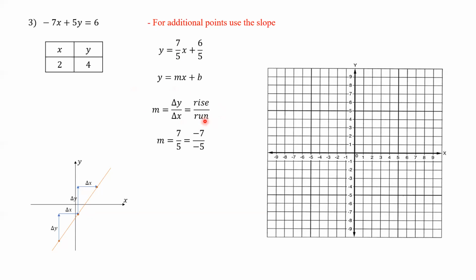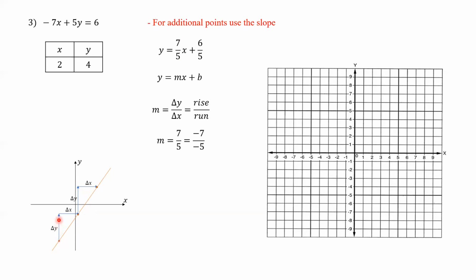So how can I use slope for graphing? If I have a graph of a line and I know the slope of that line, then on that line, I have a point, and I can choose any point. I can use the y-intercept, I could use the x-intercept, or I could use any point. Now from that point, if I start performing the steps described by my slope, what does it mean?